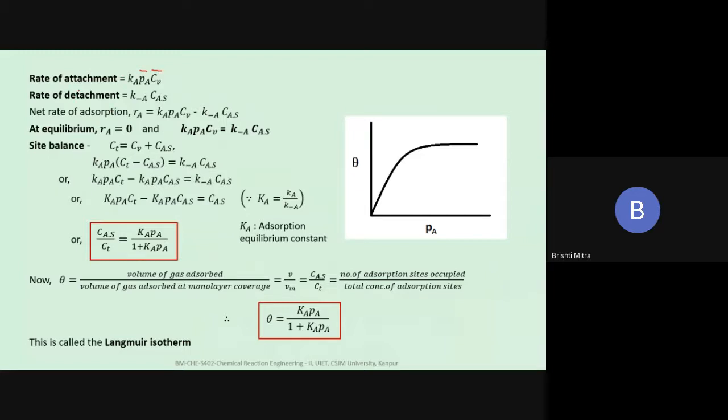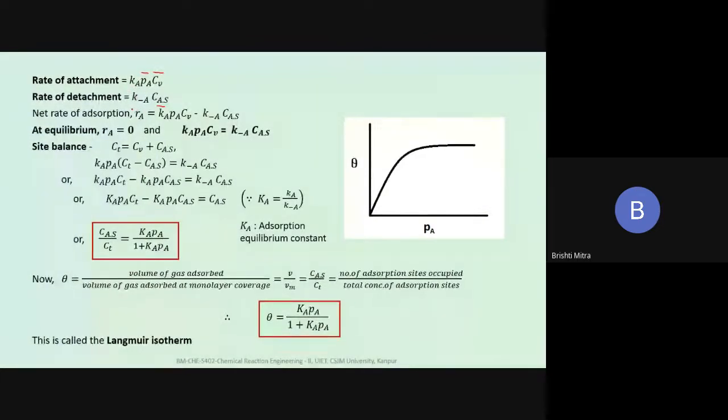And the rate of detachment is proportional to the concentration of the occupied sites, which is C_A·S. To remove the proportionality constant, because it is a process opposite to the attachment process, we write it as k with a subscript minus A.